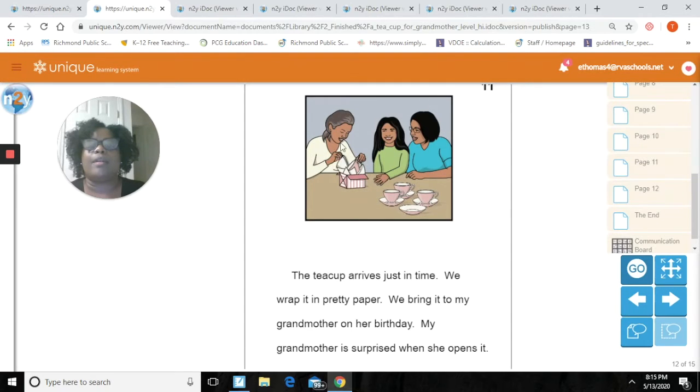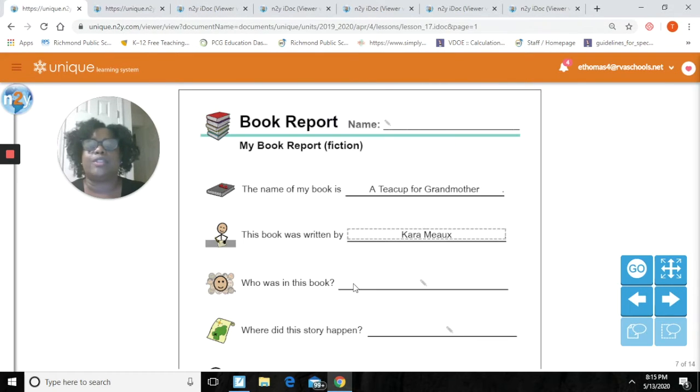And grandma. Now, grandma wasn't seen a lot, but she was in this book, okay? All right, she wasn't seen a lot, but she was there. So we have here mom. So that is a mother, daughter, and grandmother.